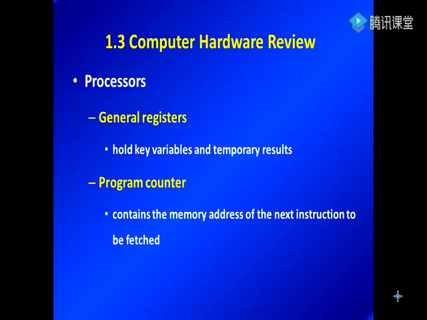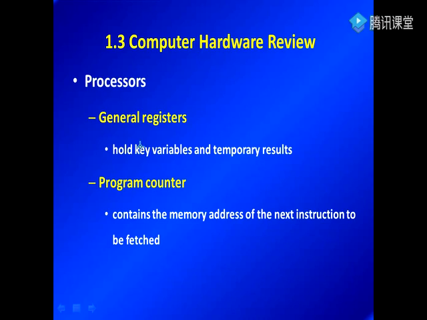Application programs have the permission to access these general registers because they need to put the data into them, and when the instructions are executed, they need to get the result back to memory by accessing these general registers. These are very important components for the CPU.